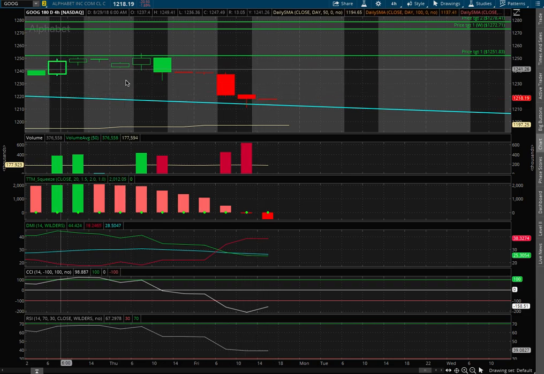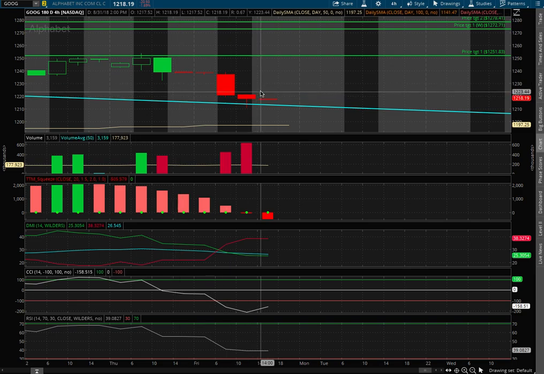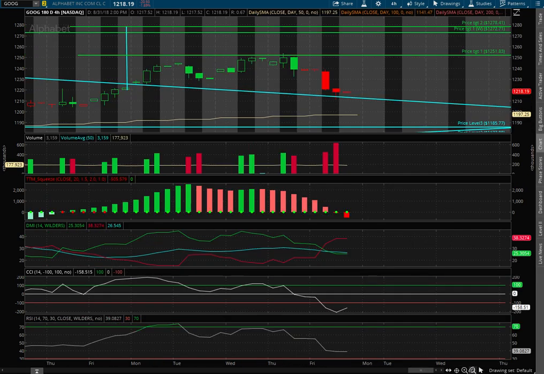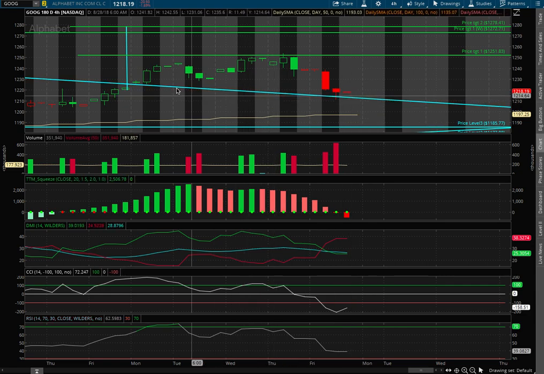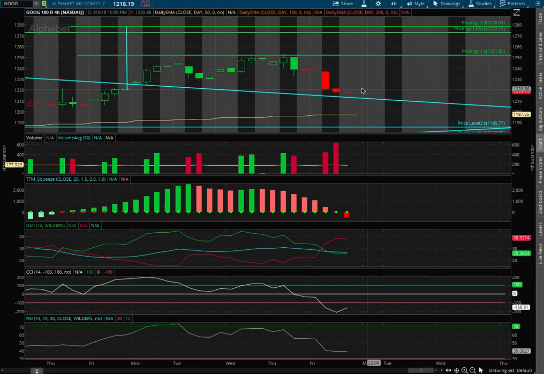If we don't get a big green candle, then it's not confirmation, and it may be still coming down. So I wouldn't be getting in, or I would be getting stopped out. So that's what I'm waiting for, one of these big green candles to come up here tomorrow.